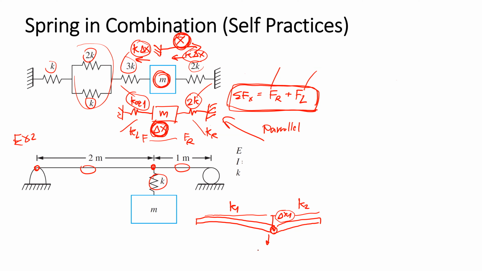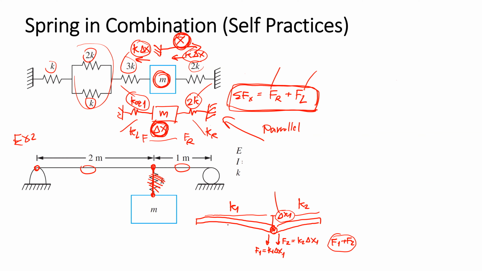We may have the force F1 equal to K1 delta X, and the combination with the force F2 equal to K2 delta X, delta X1. And at this conjunction point, the total force is F1 plus F2, the combination of force, and we maintain the same displacement.